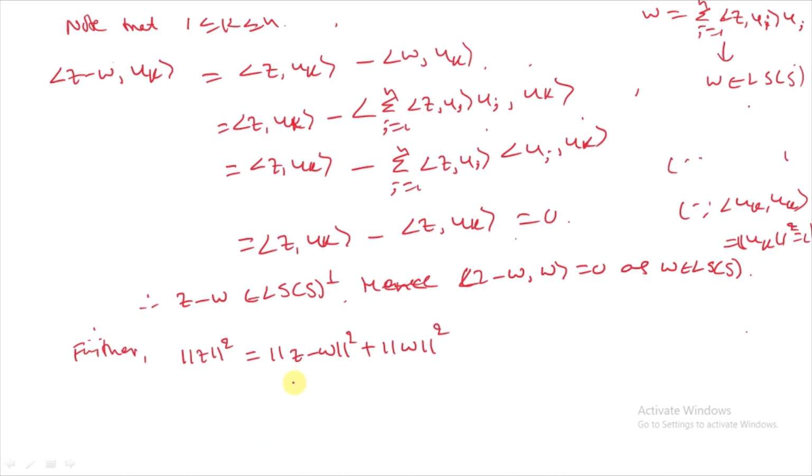Now if you take this inner product, this is always greater than or equal to norm W squared. Just to give the idea, norm Z squared equals the inner product of Z minus W, Z minus W, plus norm W squared.